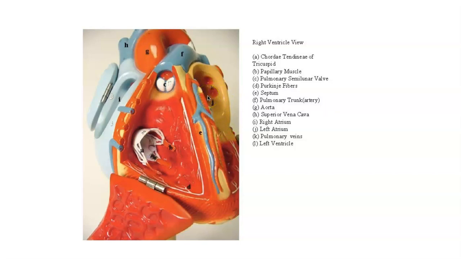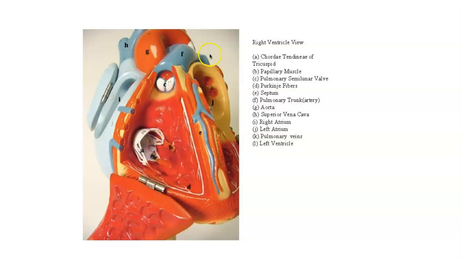So the bicuspid or mitral valve is between the left atrium and the left ventricle. The aortic semilunar valve is underneath that. It looks somewhat like this. The aortic semilunar valve is between the left ventricle and the aorta. Again, you still have the chorda tendineae there, and then you still have the papillary muscle.